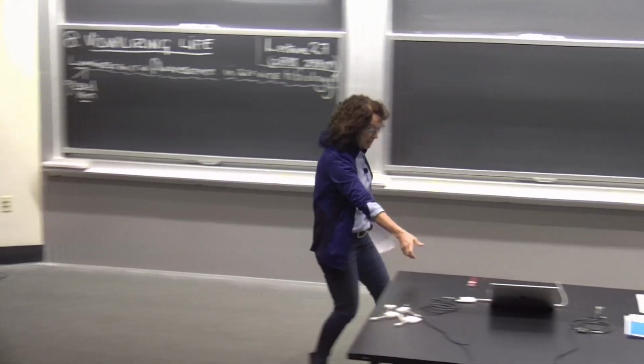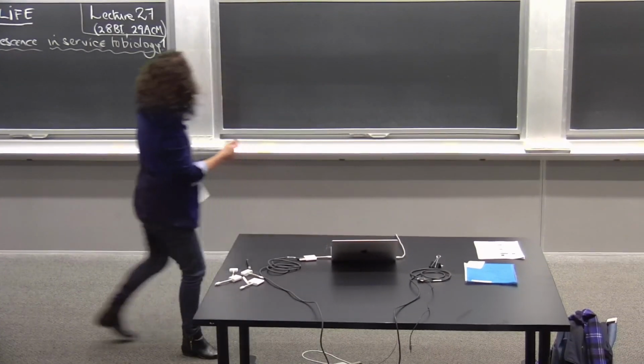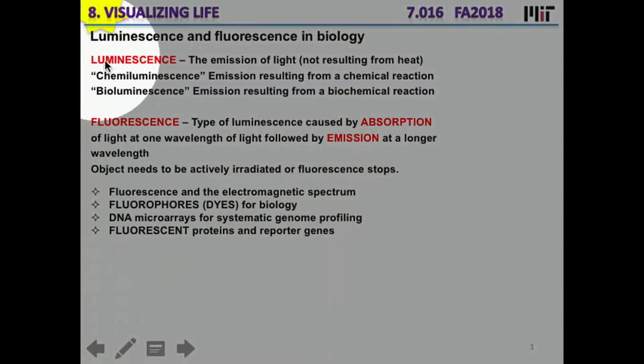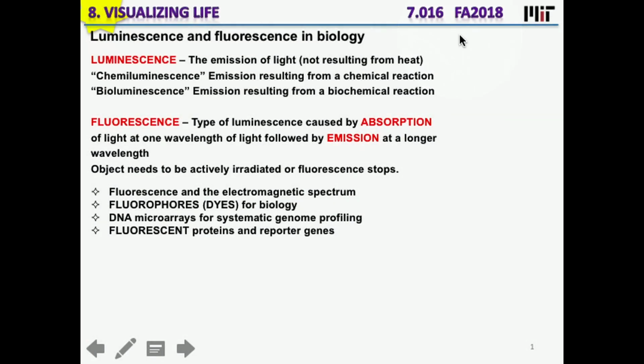I've put a decent amount of our content today on the screen, so we'll go up here and take a look. So luminescence in general is the emission of light not associated with heat, not like a burning flame, which has a lot of light accompanying it, but rather the emission of light in the absence of heat.